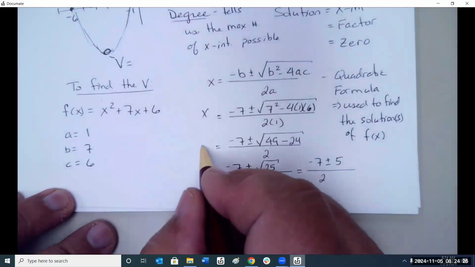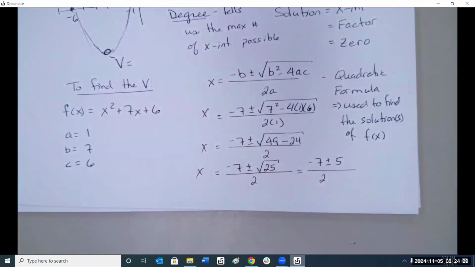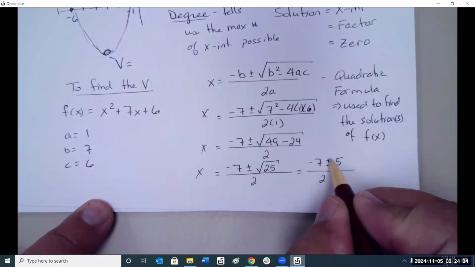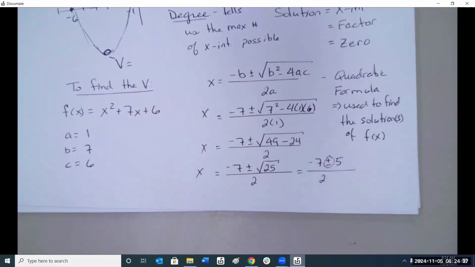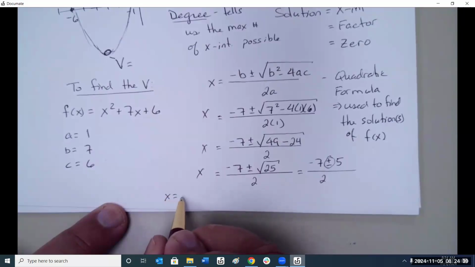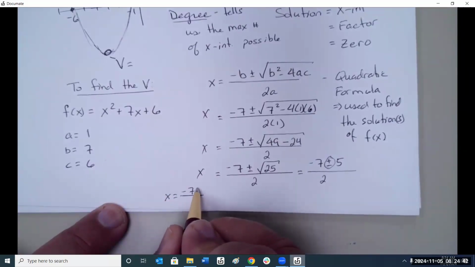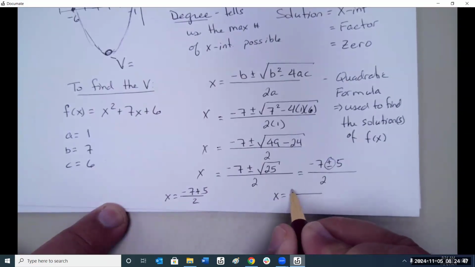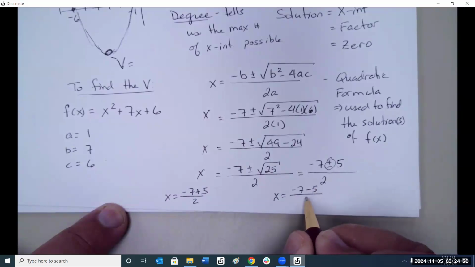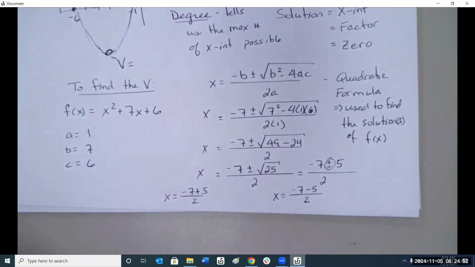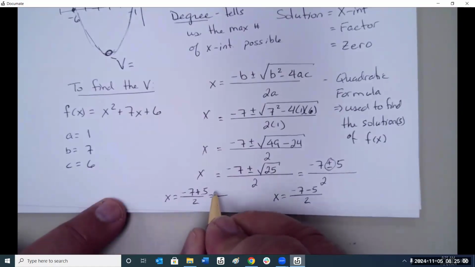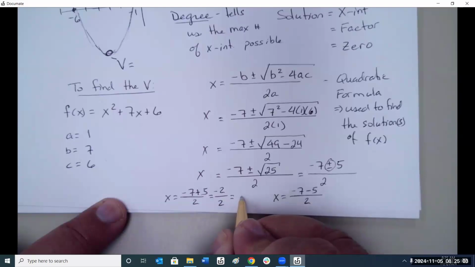Remember, these are finding my x-intercepts, my solutions. So once I get to this point, I have to take one of each side. I have x equals negative 7 plus 5 over 2, and x equals negative 7 minus 5 over 2. Negative 7 plus 5 is negative 2 over 2, which is negative 1.